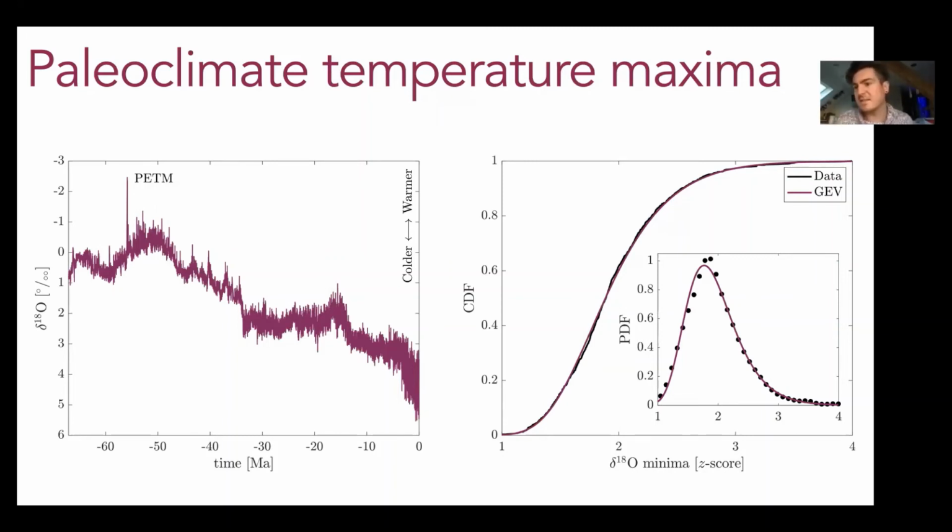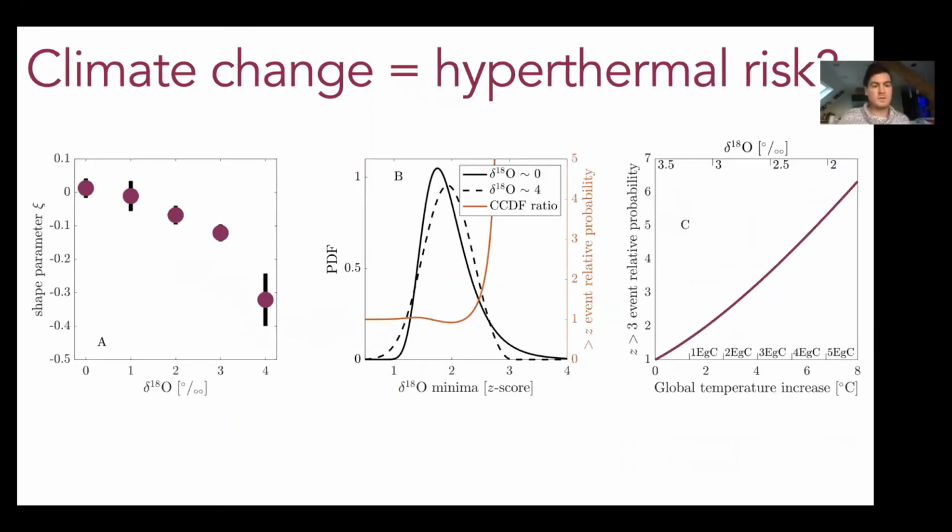That's nice in itself, but the reason it's useful is that it also helps us characterize how changes in the extremes might depend on things like the background climate state. So we can look at the Xi value for that distribution in times when the climate's warm, times when it's kind of cool, times when it's hot, and times when it's cold, and so forth.